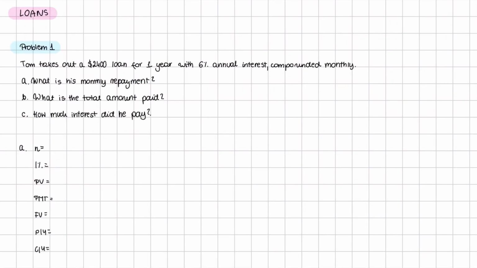Now we will move to the loans, and we will start with problem number 1, and you can read the question by your own, and I will underline the most important information. So amount of money, time, interest rate, and compounding periods.